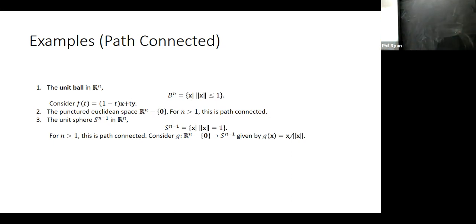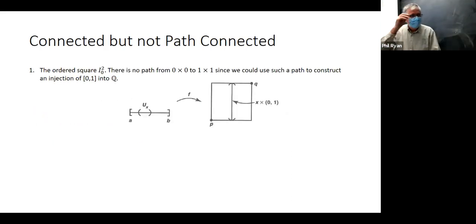So let's have a look at a few nasty spaces. Now, spaces which are connected but not path connected. Here's the ordered square. We know that that's connected, because we can't split it up into open sets.